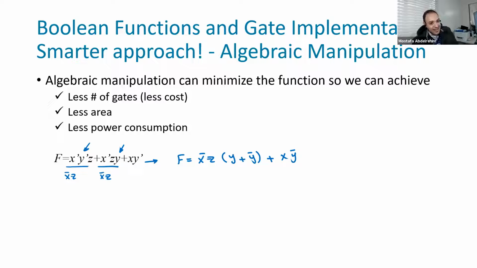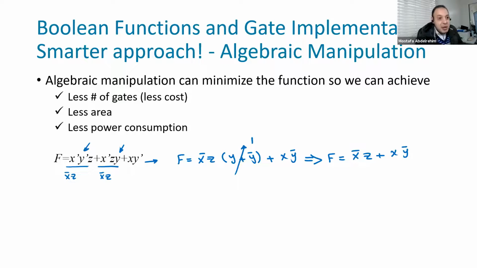Good. And we know that y or y bar is always equal to 1. So this term here is equal to 1 all the time. So basically f is equal to x bar z or x y bar. That's much simpler than the first one.